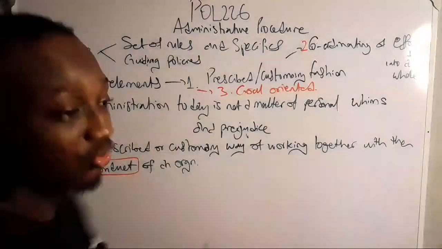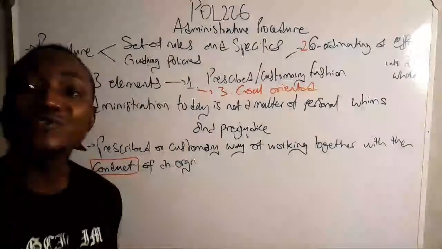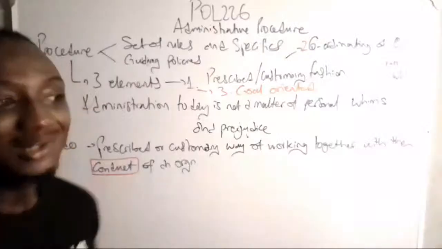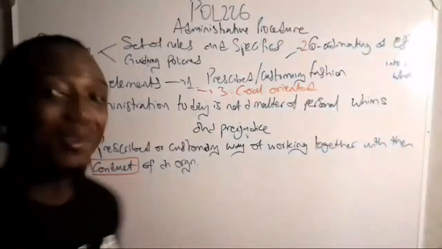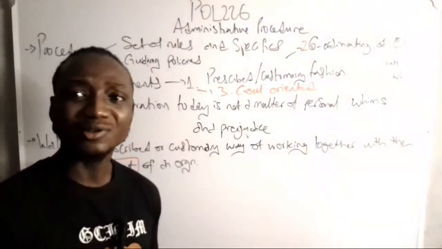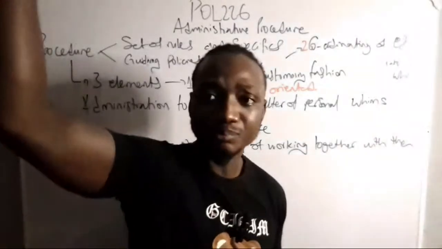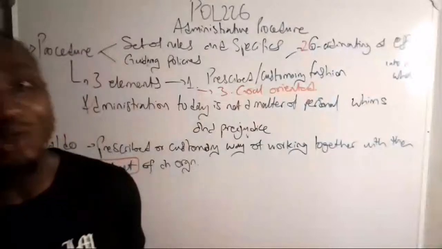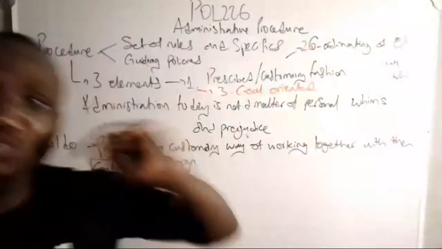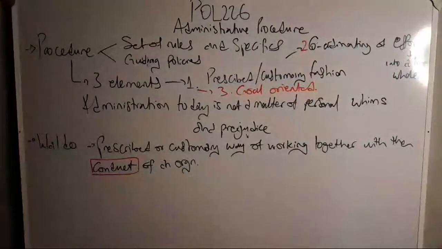Like we all know, those of us that work in government parastatals, even in private organizations, information cannot just get from the lowest level to the level of the management board. It doesn't go like that. It follows procedures, it follows processes. So that's how it is, not to now talk of the public administration itself.